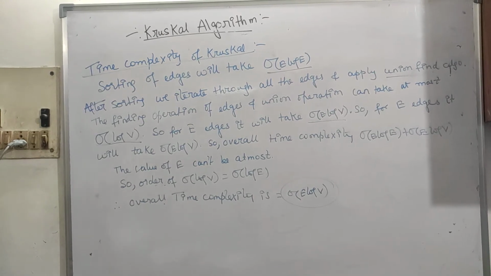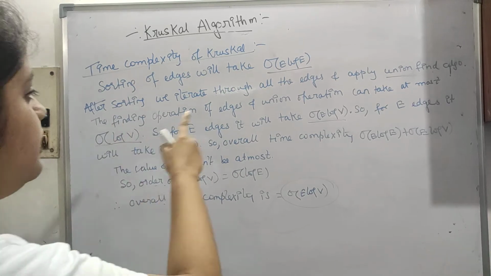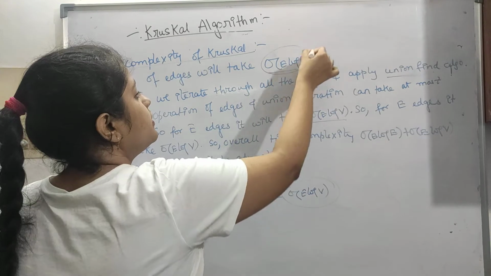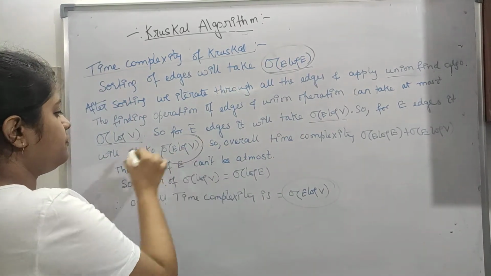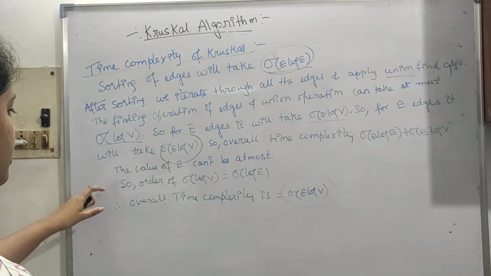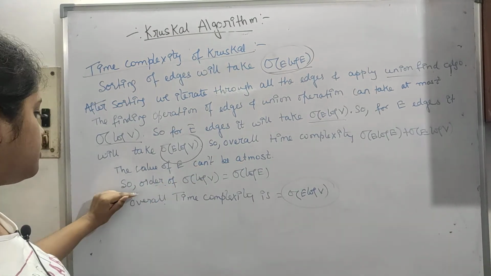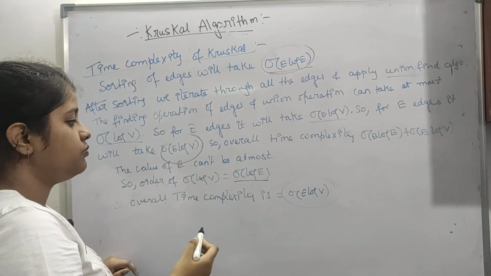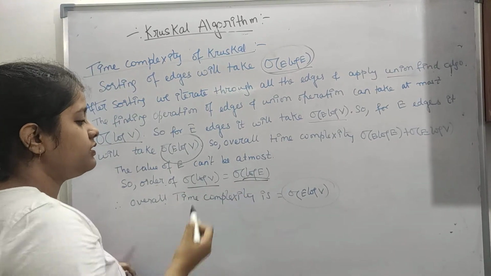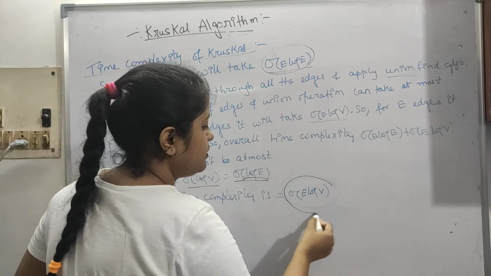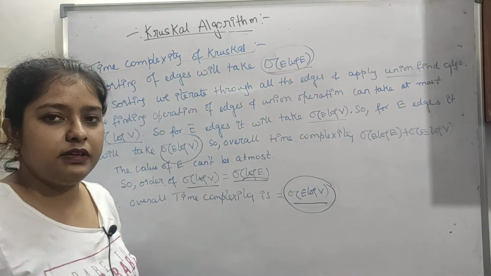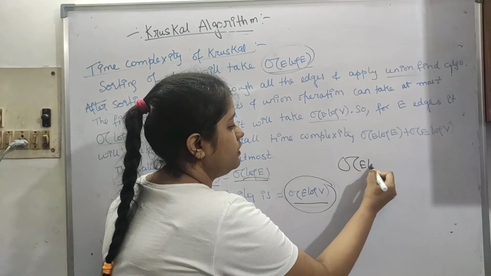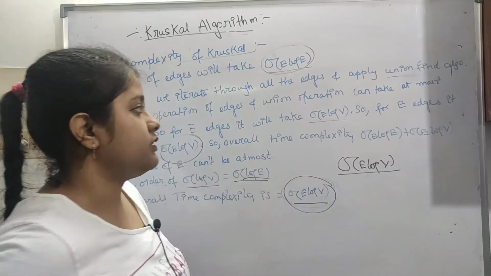So it was E log E and this is E log V. Okay, so the addition of these two, the value of E can be at most V squared, so order of log V is equal to order of log E. So our time complexity is order of E log V, same as Prim's. So order of E log V is our time complexity.